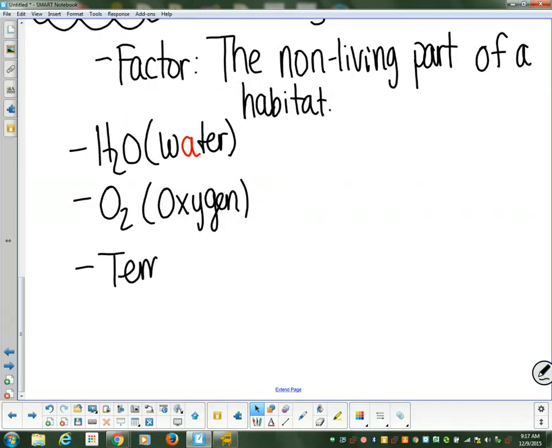Temperature. Soil. Okay, these are a couple of the ones that are important for a habitat to be able to survive. Okay, we have to have water that is in the habitat. The habitat has to have oxygen.